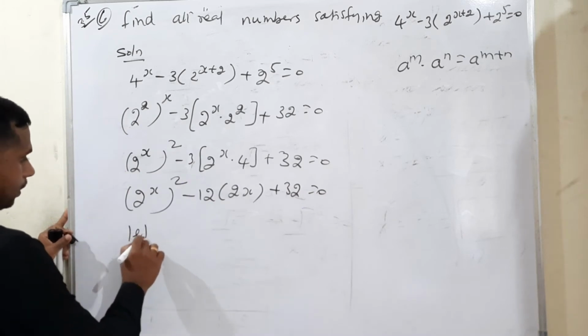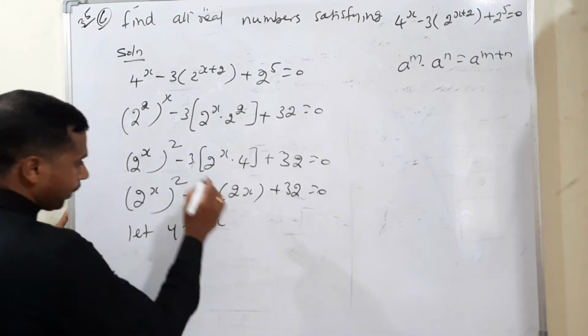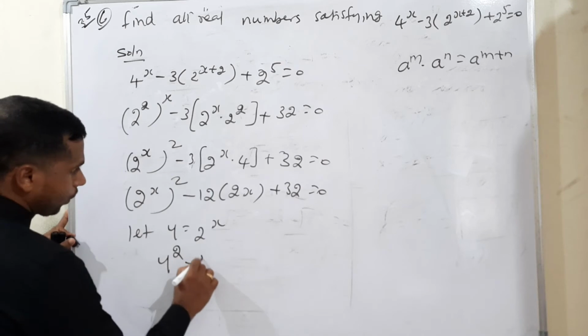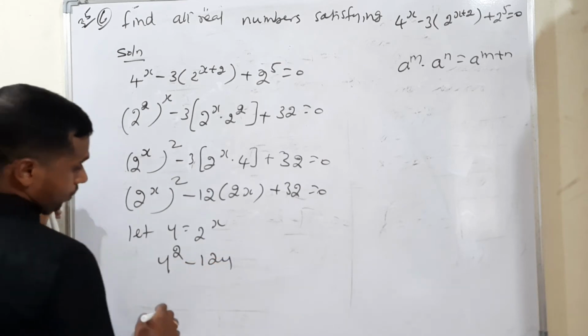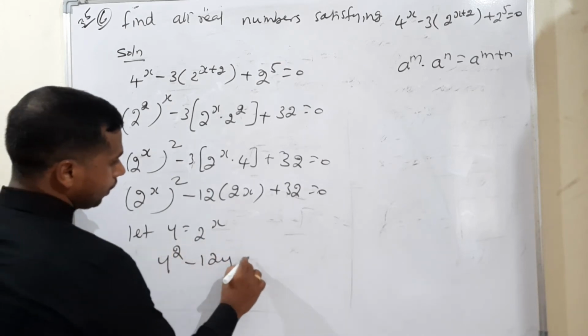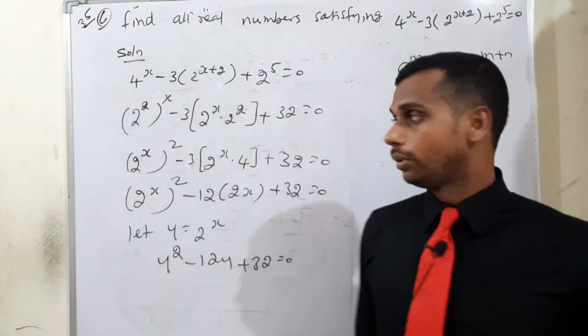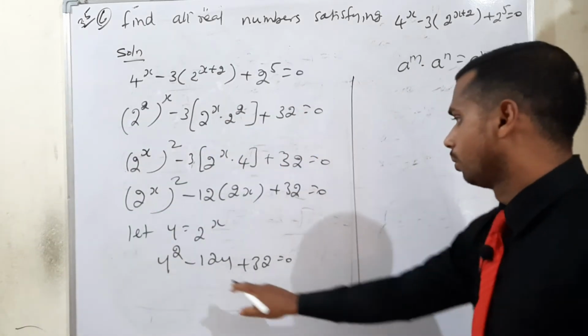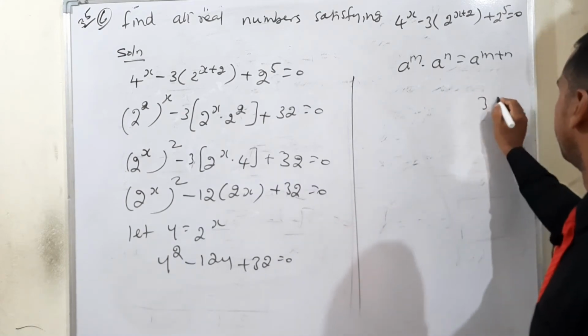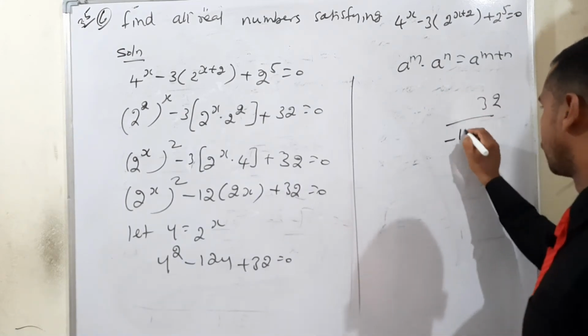Let y is equal to 2 power x, what will happen? y square minus 12y plus 32 is equal to 0. Now the sum product rule: product means positive 32, sum means minus 12.